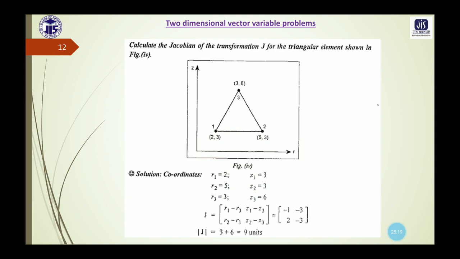So we need to find the Jacobian matrix. The formula for the Jacobian matrix is directly written here. It is R1 minus R3, Z1 minus Z3, then R2 minus R3 and Z2 minus Z3. We have entered the necessary values in this Jacobian matrix, and finally we have calculated the value of the Jacobian, which comes as 9 units.